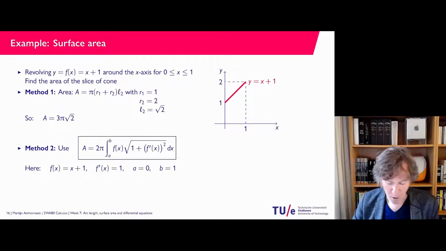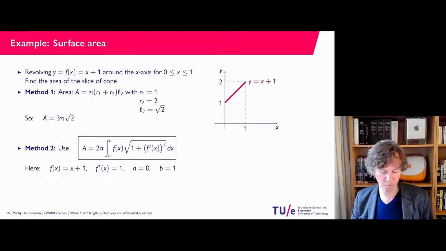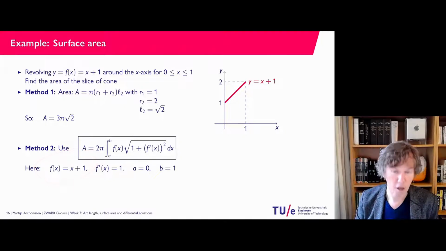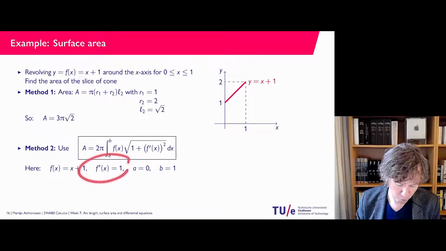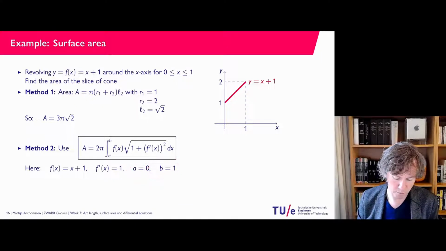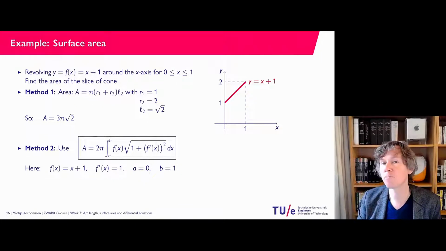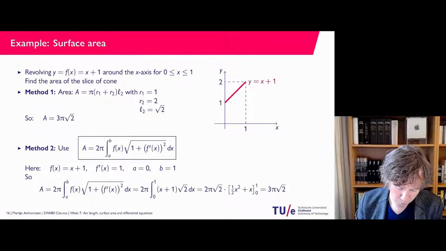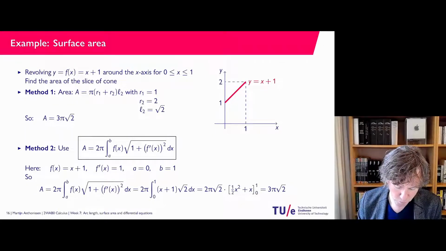So let's see. For the formula, our function is x plus 1. If we differentiate that, we have f prime equals 1. And the limits of the integral are 0 and 1. a equals 0, b equals 1. If we plug all that in, then we see that apparently A should be 2 pi times the integral that you see here.